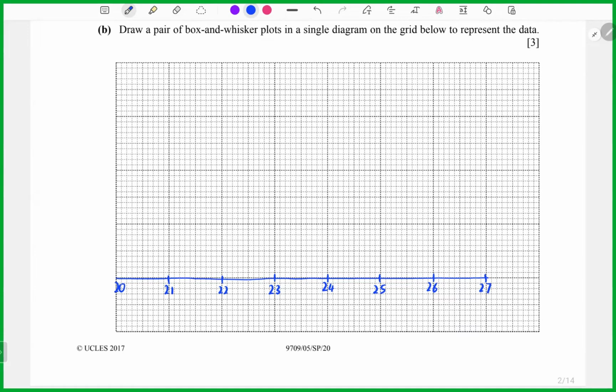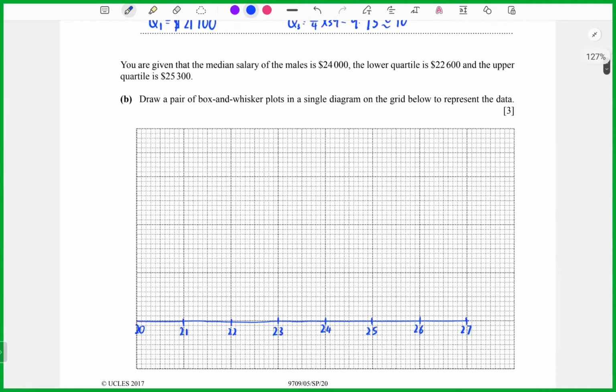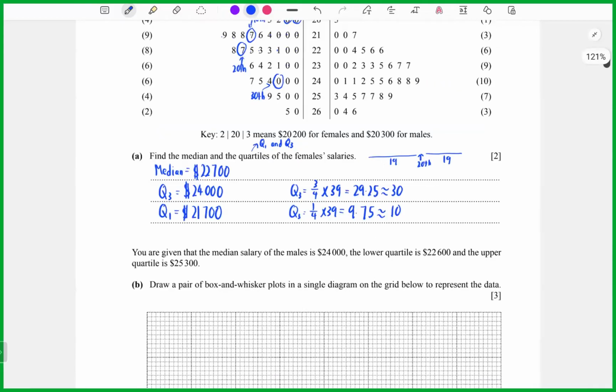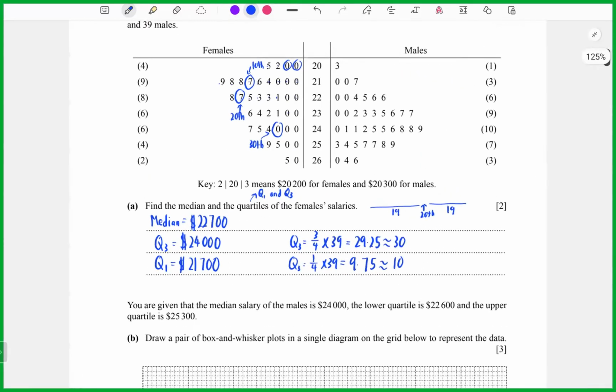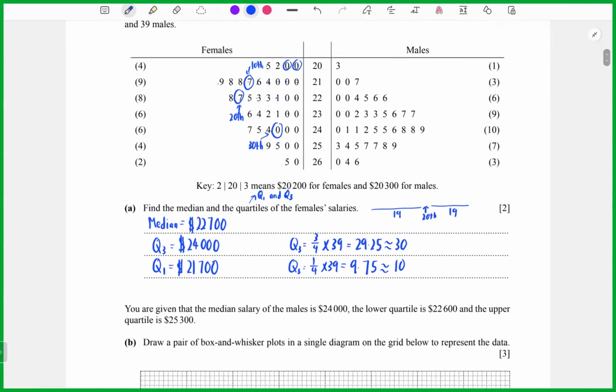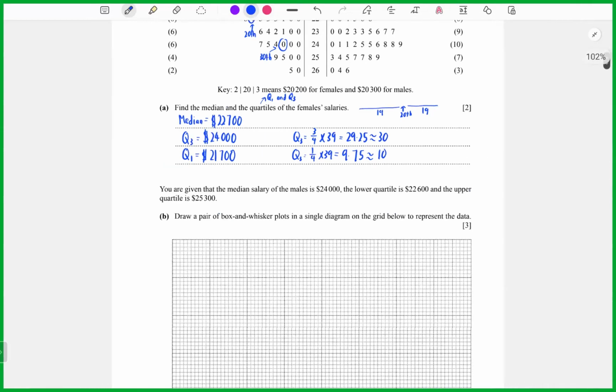This represents the salary. Now I sketch the female plot first. The minimum for the females is 20,000, so we can sketch it here.